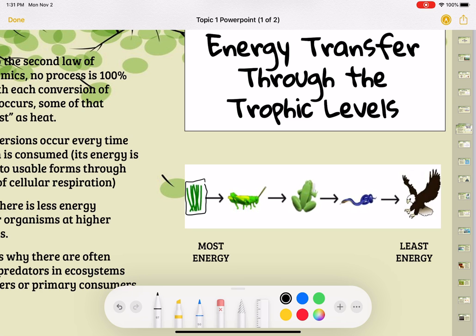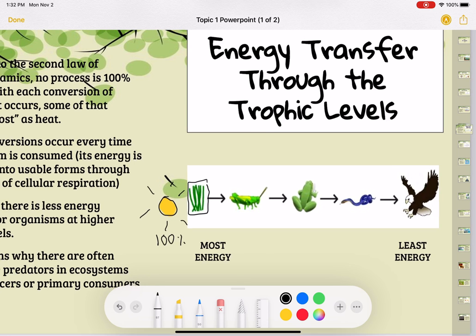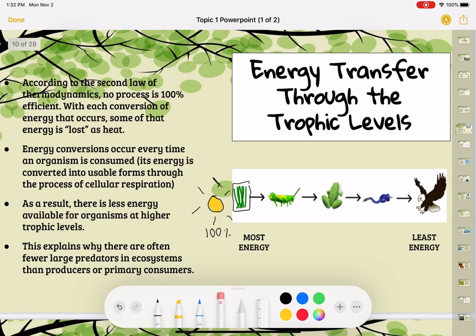But really, at the bottom of our food chain is the sun. So the sun has all of the energy. The sun is 100% of our energy. From that sun, the energy that's actually captured by plants, we're going to say is 10% of that.